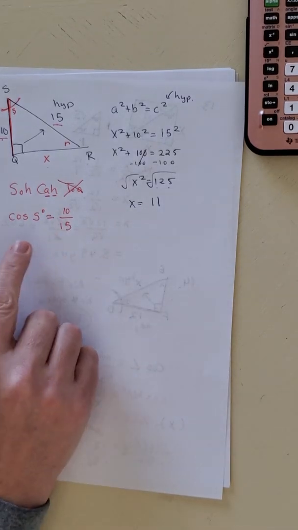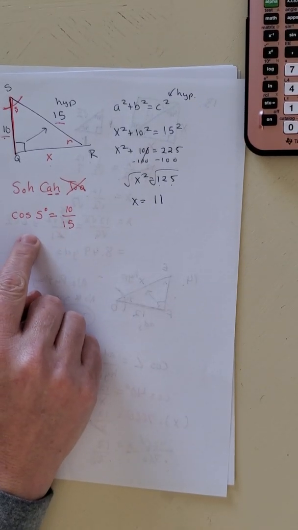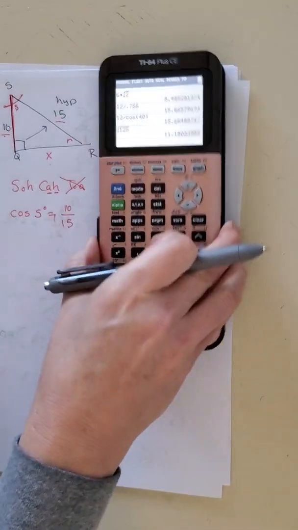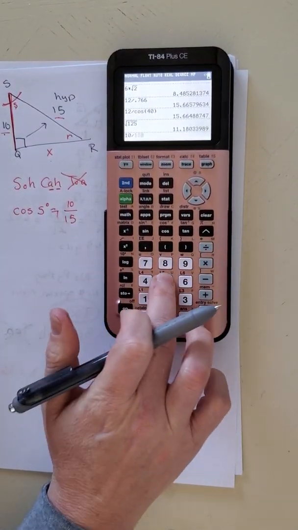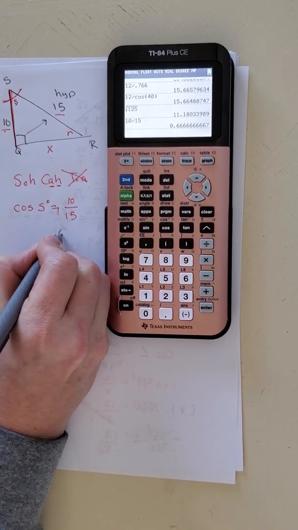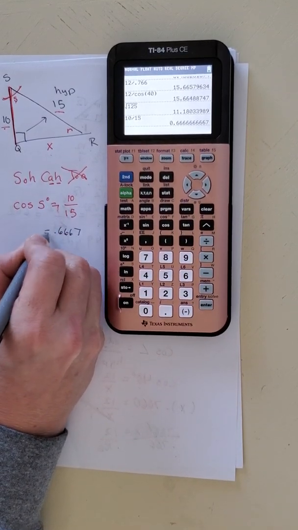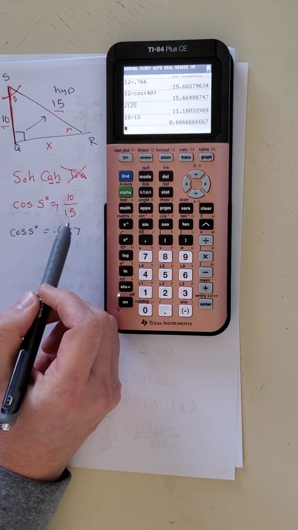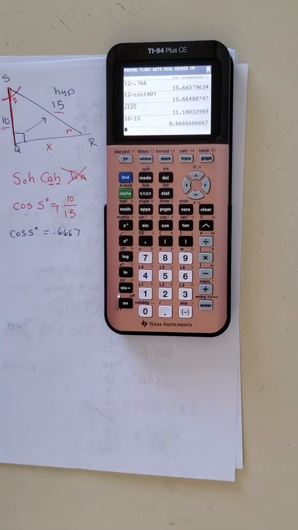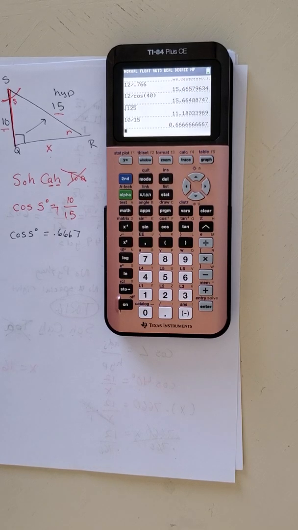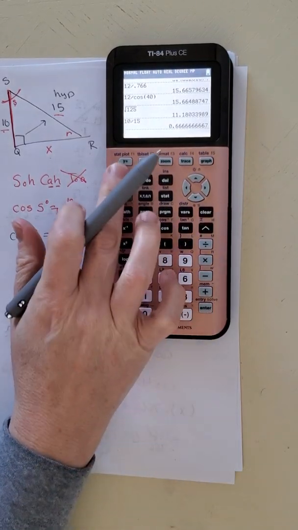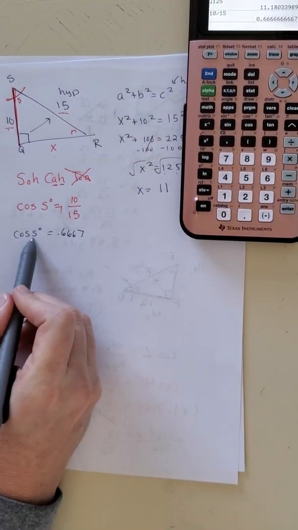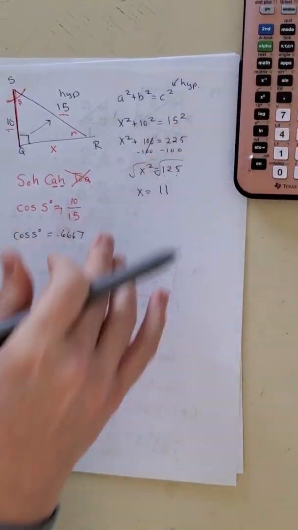Again, I'm going to discourage you from using the calculator for these problems. You can use the calculator to do this part, 10 over 15. So 10 divided by 15 is 0.6667, and that's cosine S. Now, the reason that I'm discouraging you from using your calculator is because some of you don't know when to use cosine and when to use secant cosine, which is cosine inverse. So this time we're looking for the degree. Think about what you have on your trig table.